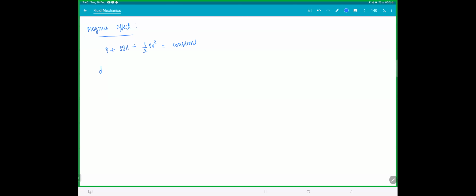So if we consider 2 points at same height, h will be same. Then rho gh will be gone. P plus half rho v square is equal to constant.